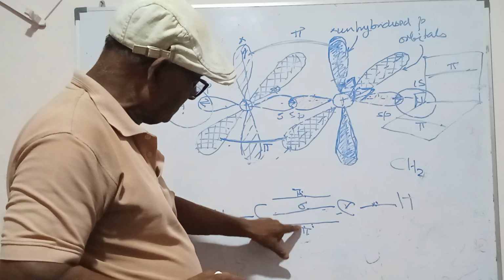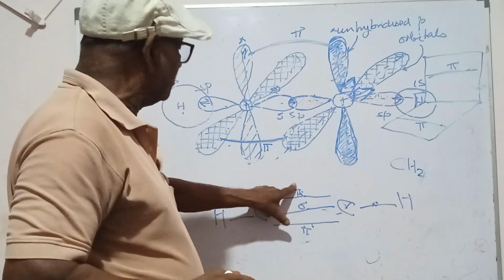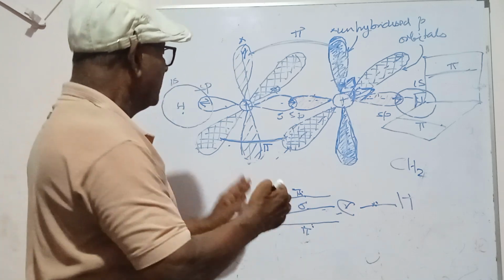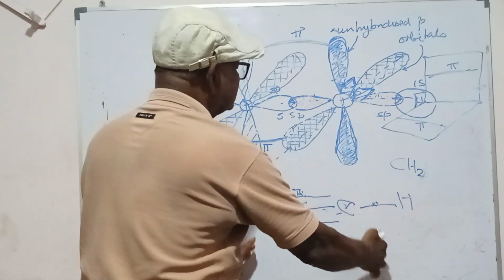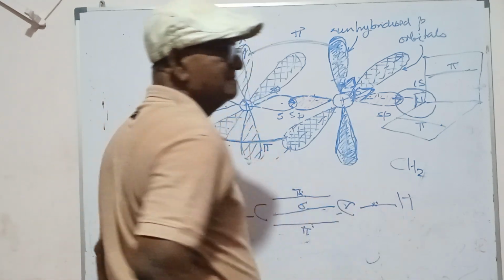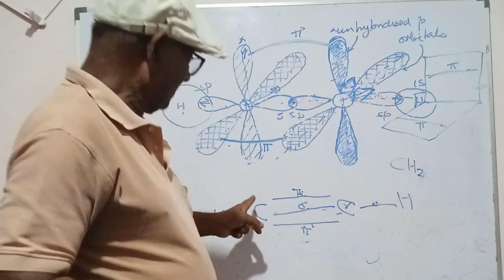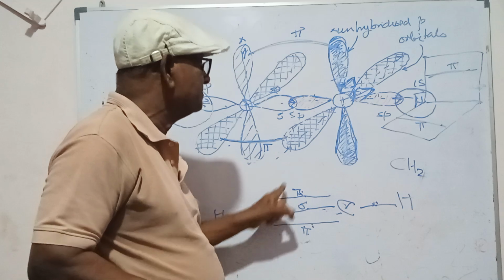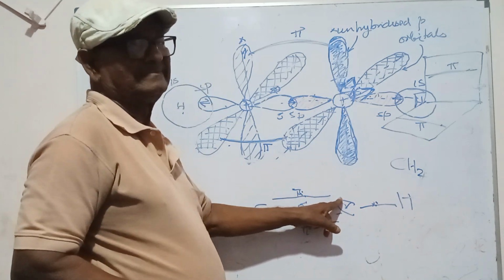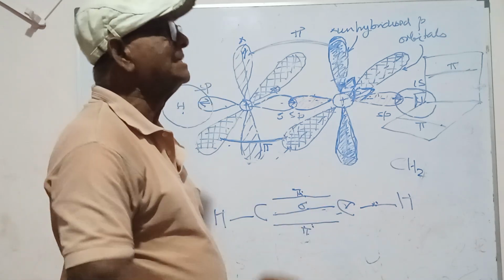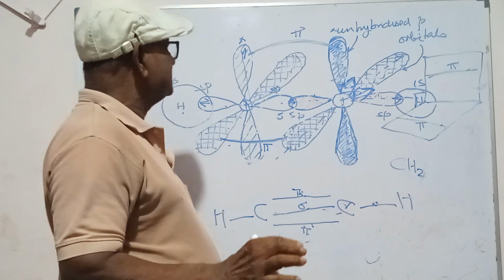Pi bonds are formed due to the lateral overlapping of unhybridized p orbitals of both carbon atoms. Right? Then, what is the shape of this molecule? Linear. The shape is linear.